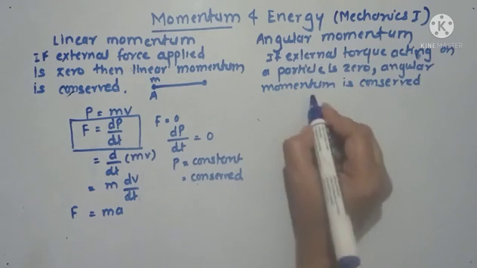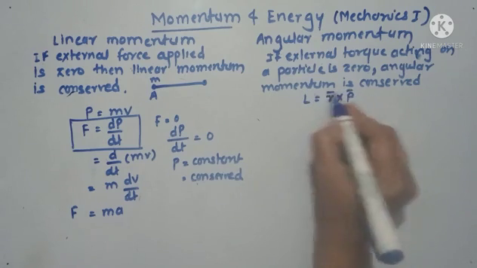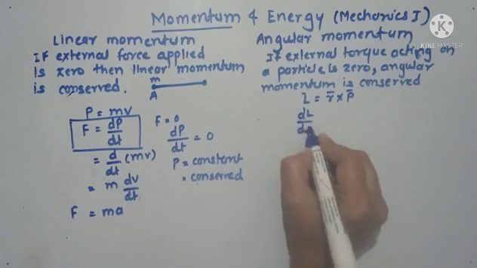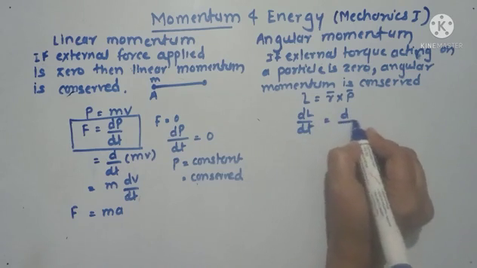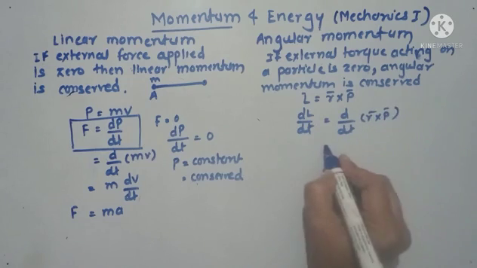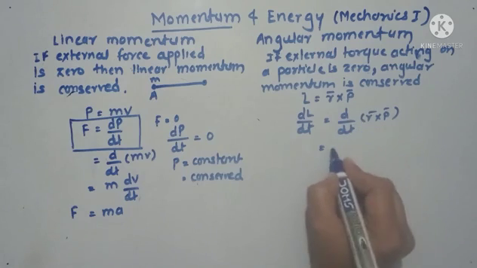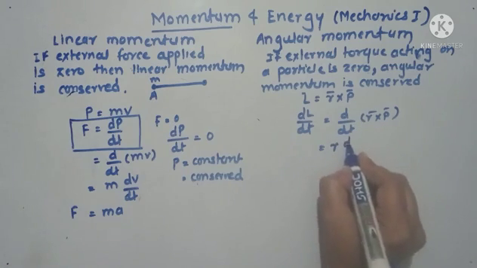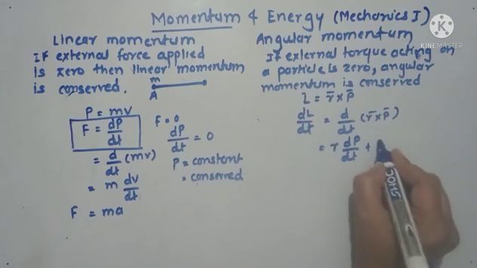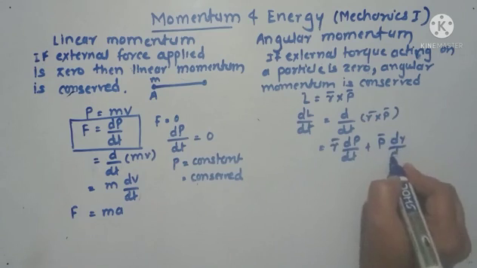Now let us define L equals R cross P, and if I take dL upon dt, it will become d by dt of R cross P. So I can take the first term into the derivative of the second term, plus the second term into the derivative of the first term.